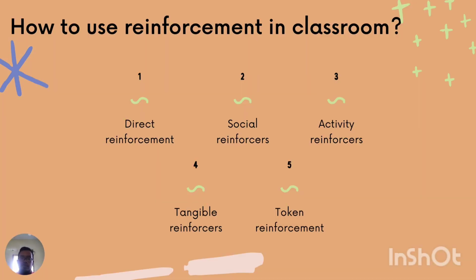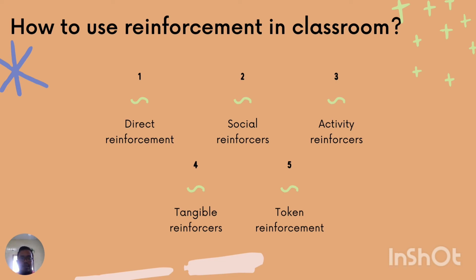How to use reinforcement? The first one is direct reinforcement. The second one is social reinforcer, where we praise students in the presence of their friends. Next is activity reinforcers, where we give comments to the students about the activity. Next is tangible reinforcers, for example, certificates, stars, and so on.